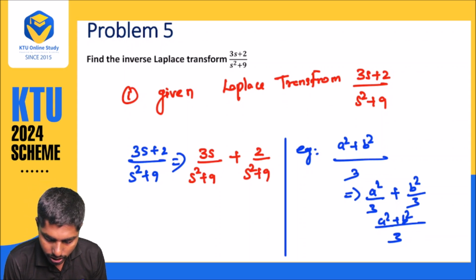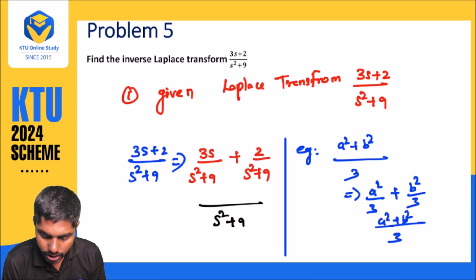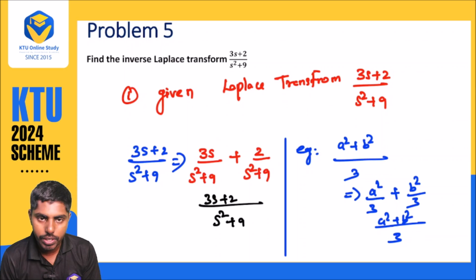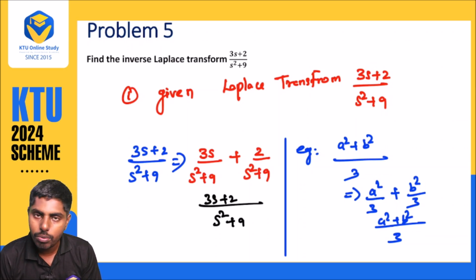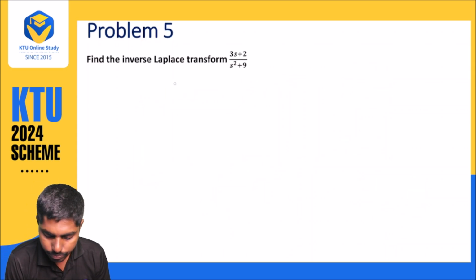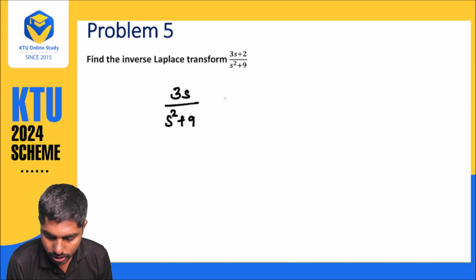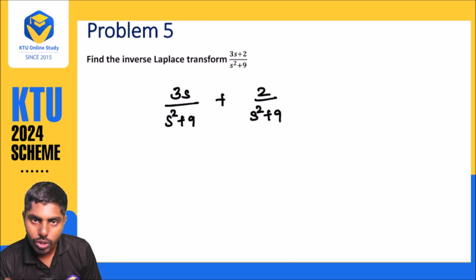If you take LCM also, the common LCM is x square plus 9, 3x plus 2. Same thing only repeating, so I am just making it simple for us to understand and solve very easily. So it will become 3x divided by (x square plus 9) plus 2 divided by (x square plus 9).